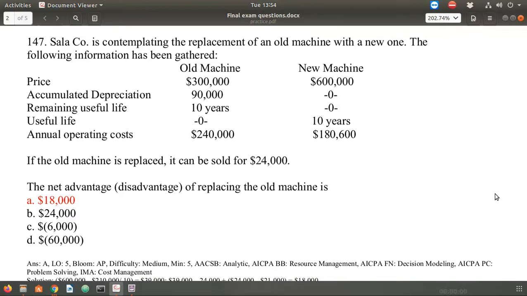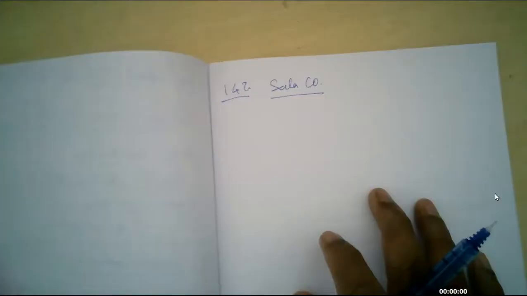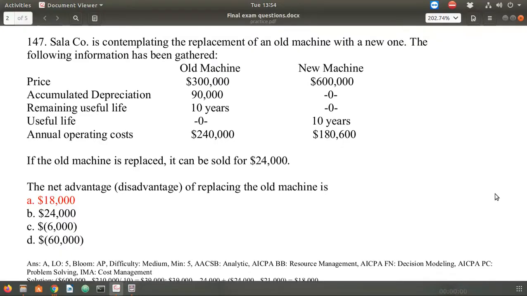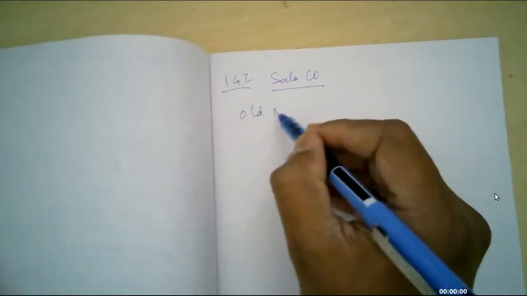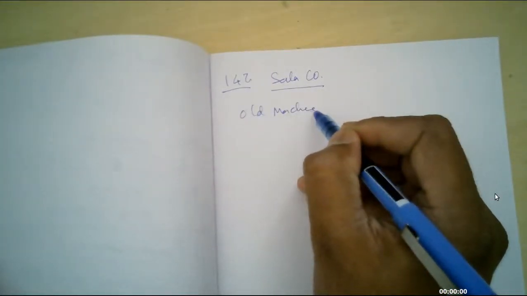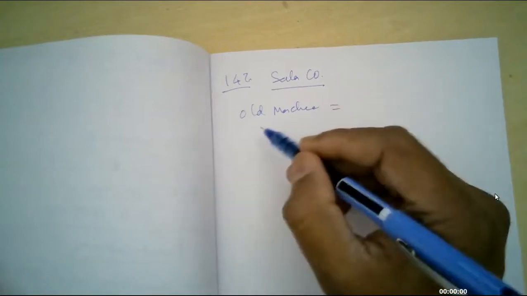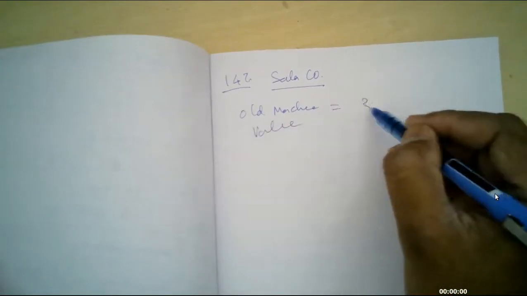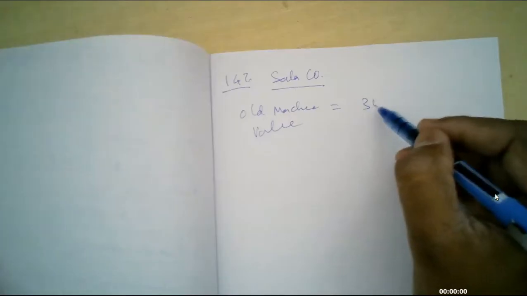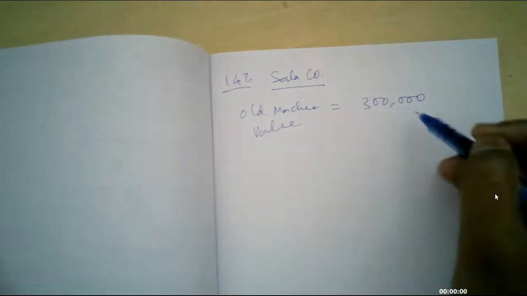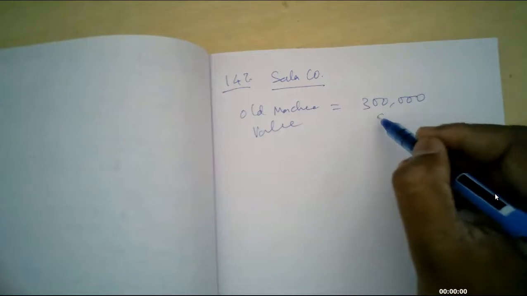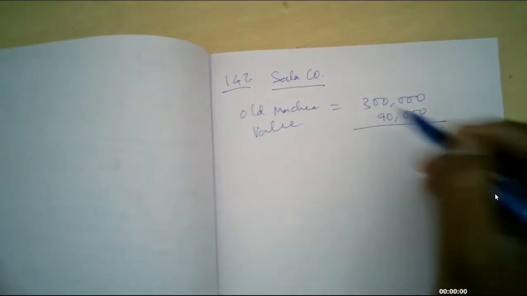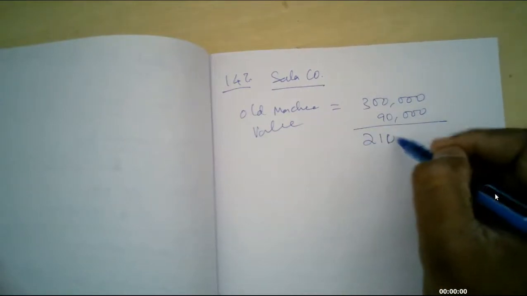Now, you see, the old machine has a value. The original cost was $3,000, and from that, if you remove the accumulated depreciation of 90,000, then the balance you have is 2210.